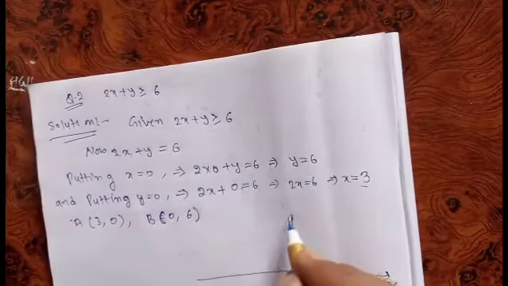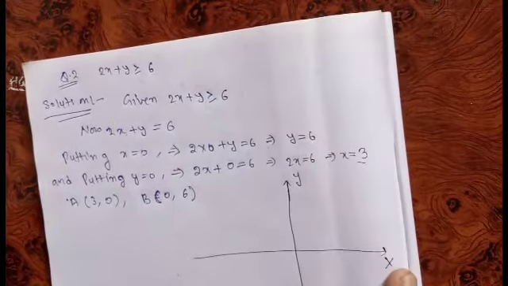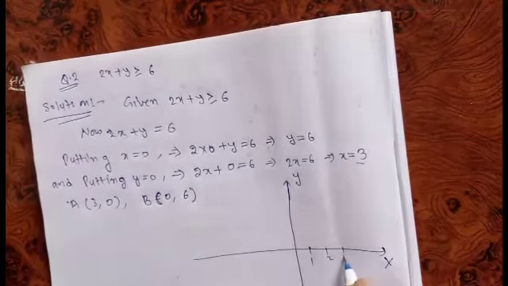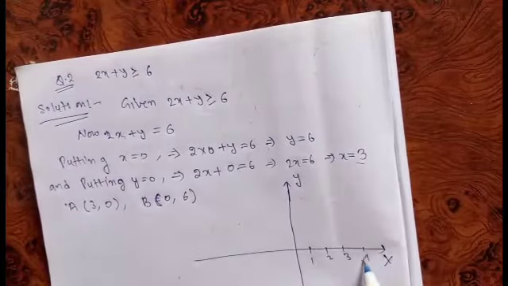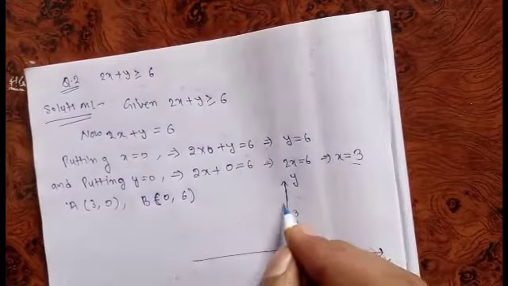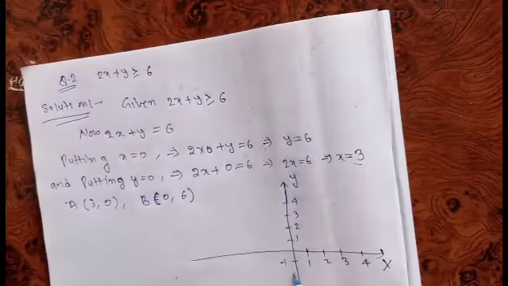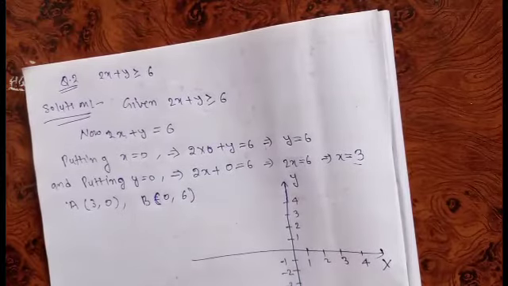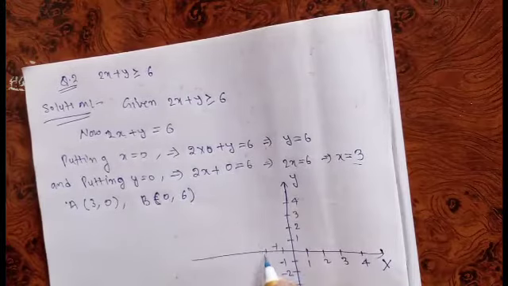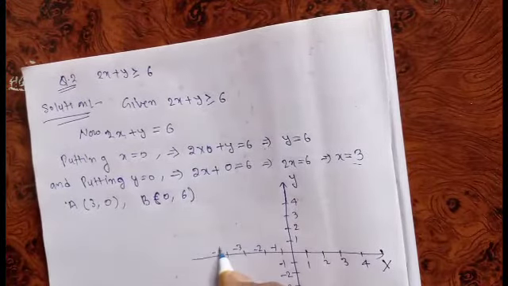X axis, y axis. 1 2 3 4, 1 2 3 4, minus 1 minus 2 minus 3 minus 4, minus 1 minus 2 minus 3 minus 4.